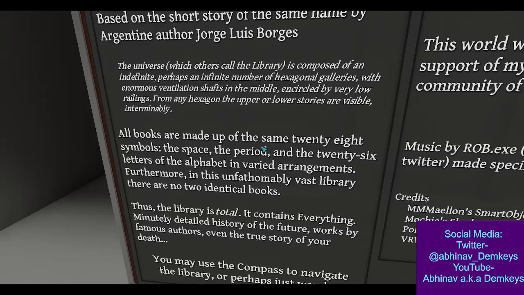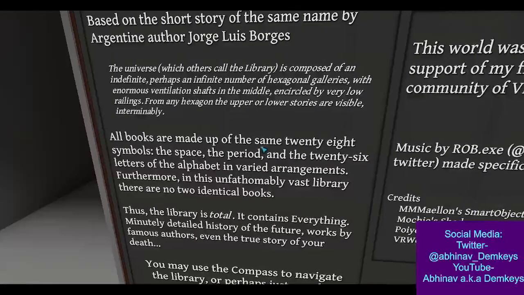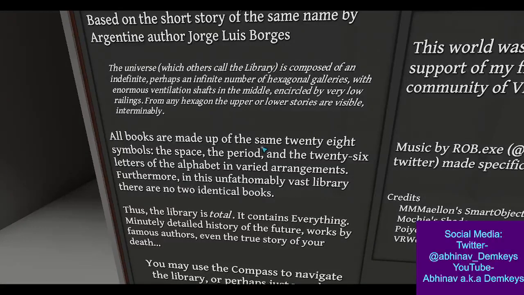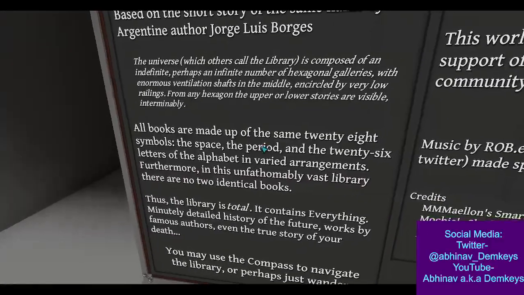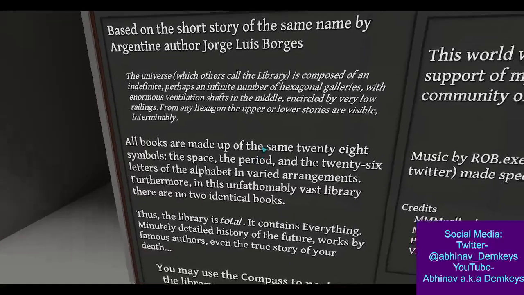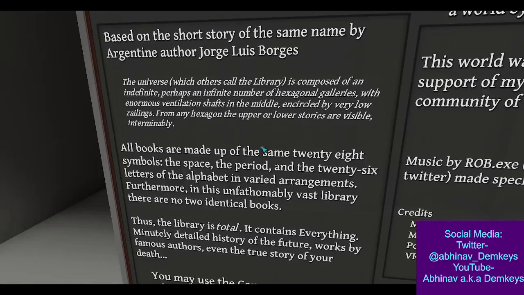Furthermore, this is an unfathomably vast library. In this unfathomably vast library, there are no two identical books. All books are made up of the same 28 symbols. The space, the period, and the 26 letters of the alphabet in varied arrangements.